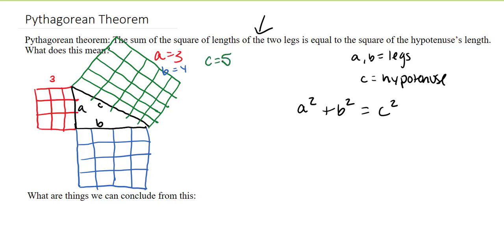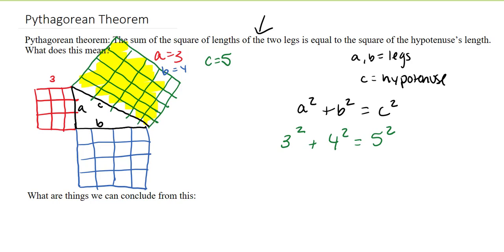So let's go ahead and plug in these numbers. So 3 squared plus 4 squared is equal to 5 squared. You can see it's like this whole area that we're talking about right here. So this is equal to 25.